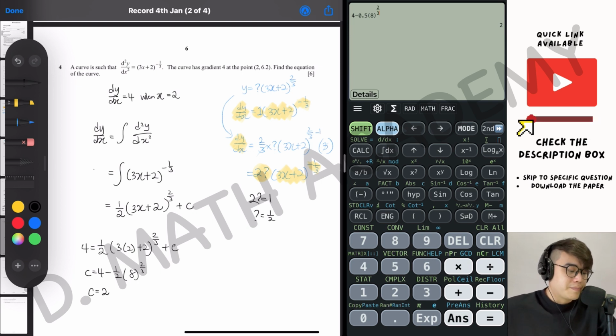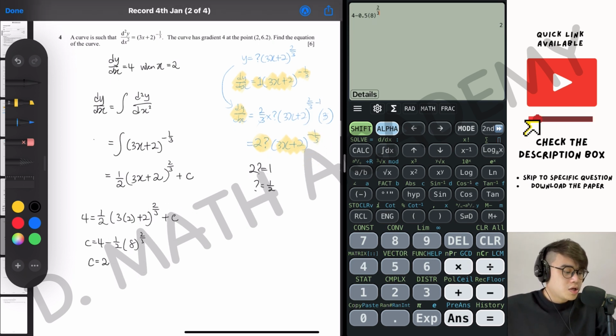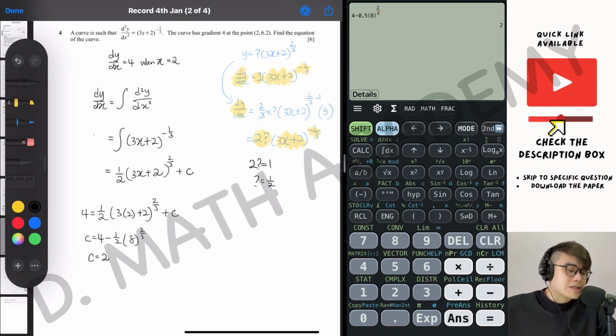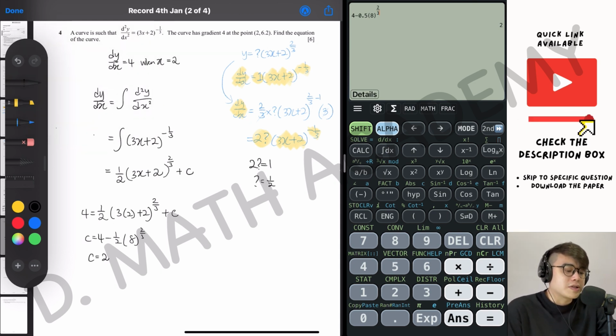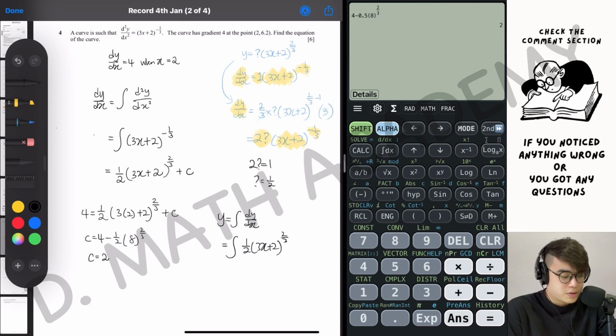Let's finish it up. So ultimately, they were asking us to find the equation of the curve, which means we are required to find y by integrating our dy/dx. So based on the results that we got, it was 1 over 2, (3x + 2) to the power of 2 over 3 here.